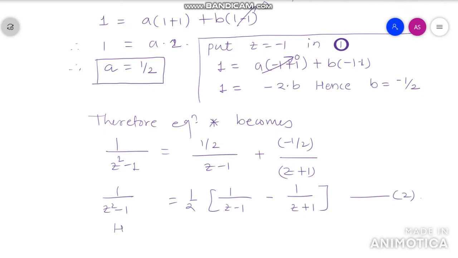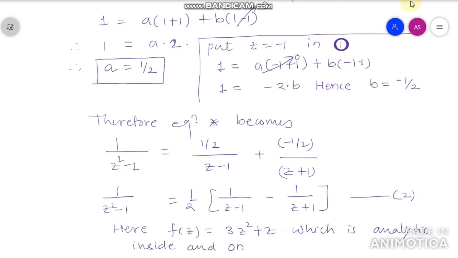Here f of z is equal to 3z square plus z, which is analytic inside and on closed curves.